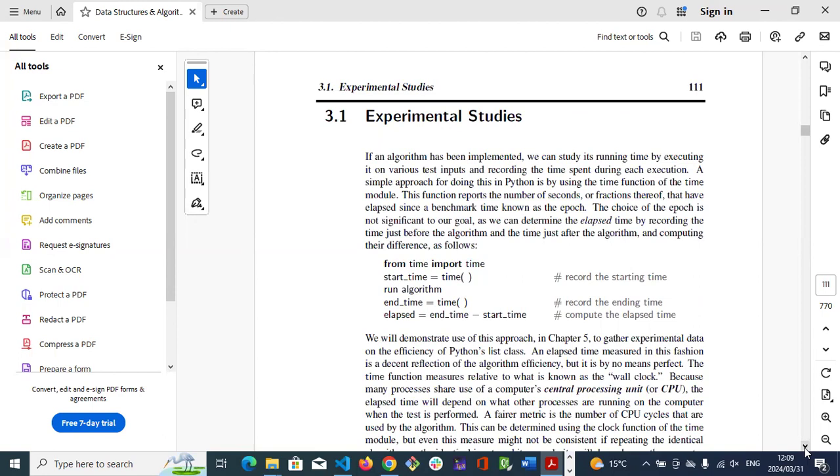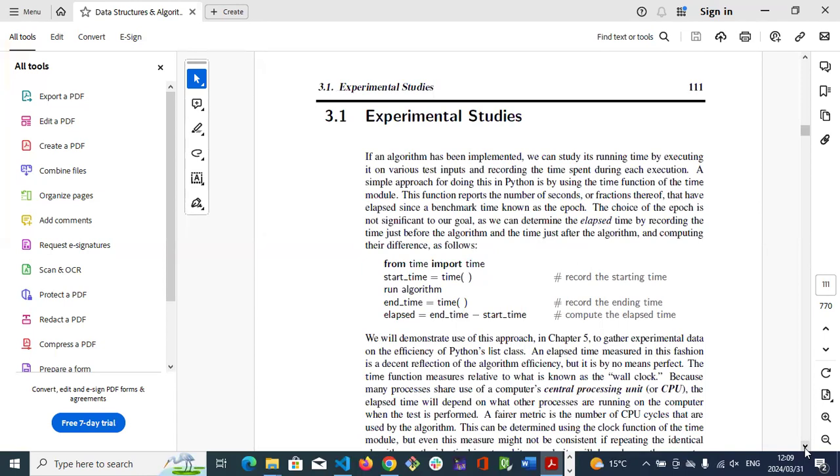Experimental studies: if an algorithm has been implemented, we can study its running time by executing it on various test inputs and recording the time spent during each execution. A simple approach for doing this in Python is by using the time function of the time module.